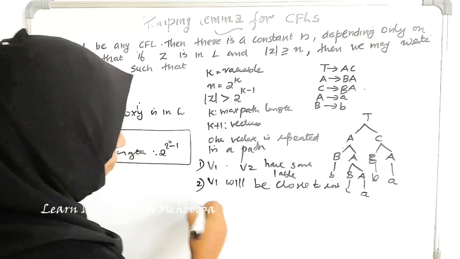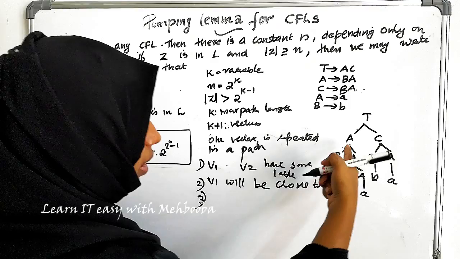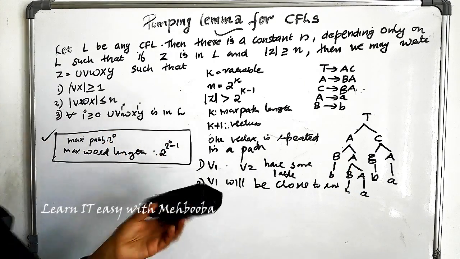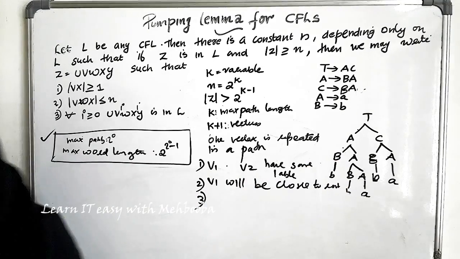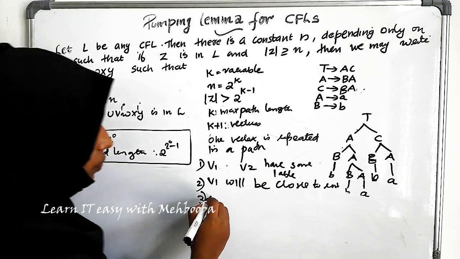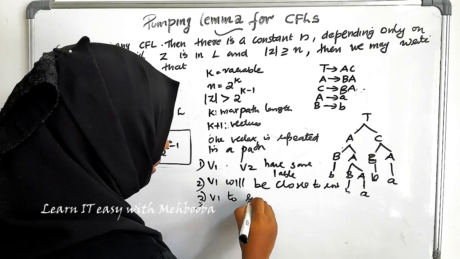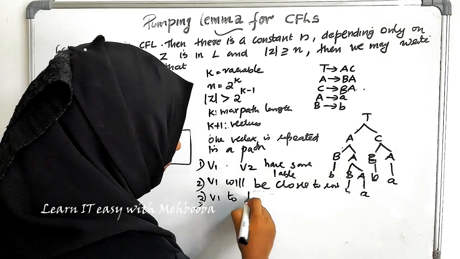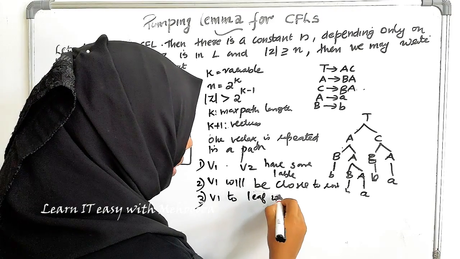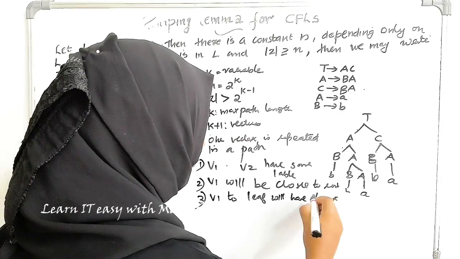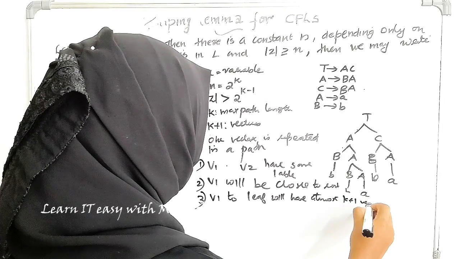And from V1, we can derive a tree, right? So from V1 also we will have a subtree rooted at V1. So V1 to leaf will have at most k plus 1 vertices, isn't it?